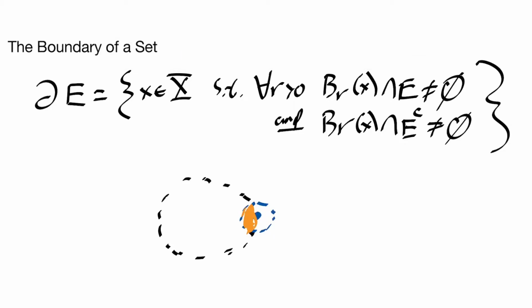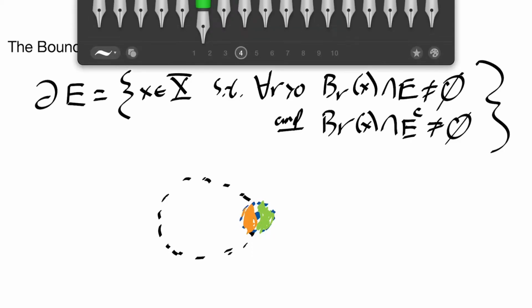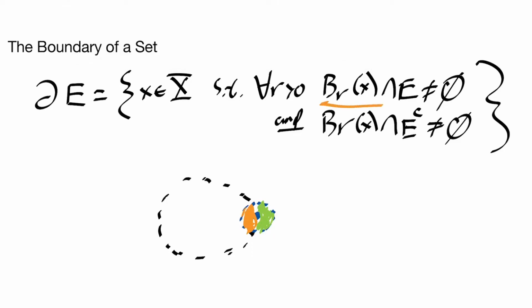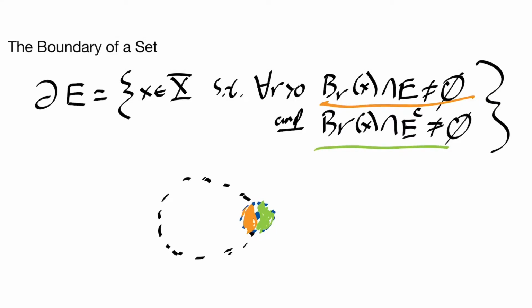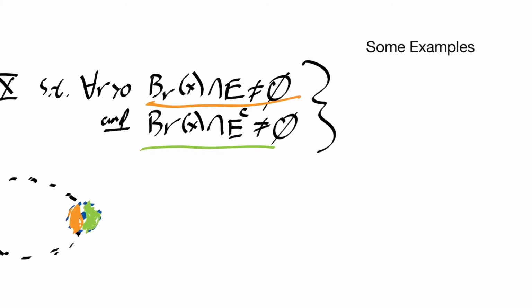But at the same time, I also have a handful of points that are on the outside here. So my ball has both points inside of E and points that are outside of E. That's what it means to be in the boundary. Take any little neighborhood around it, any little ball around it, and that ball has both points inside and outside of E. And that kind of intuitively makes sense as to what boundary should mean.